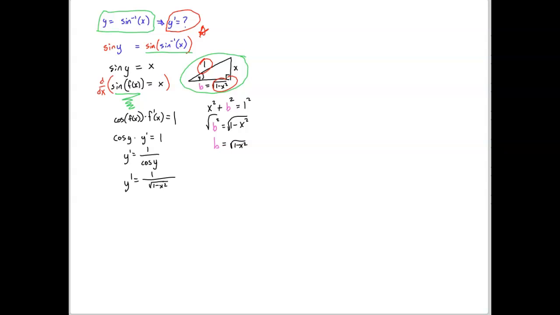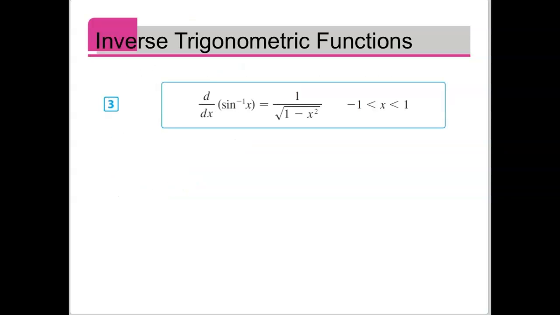So there, I found that the derivative of inverse sine is 1 over rad 1 minus x squared.